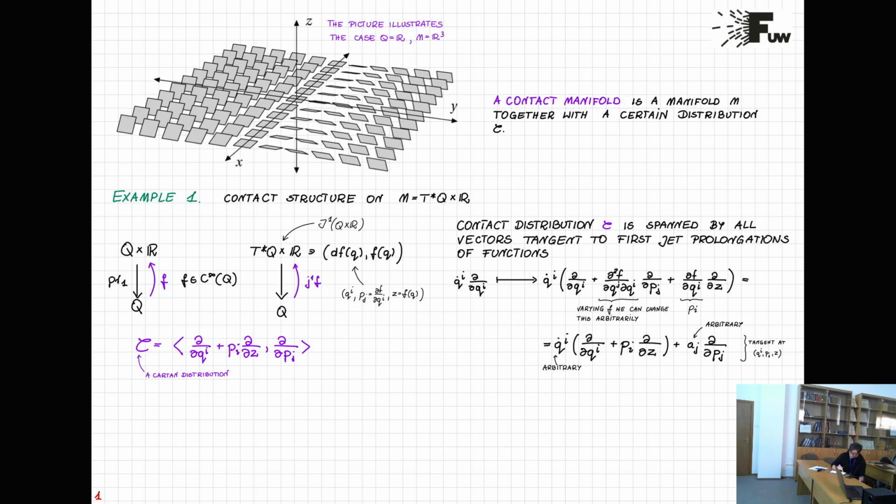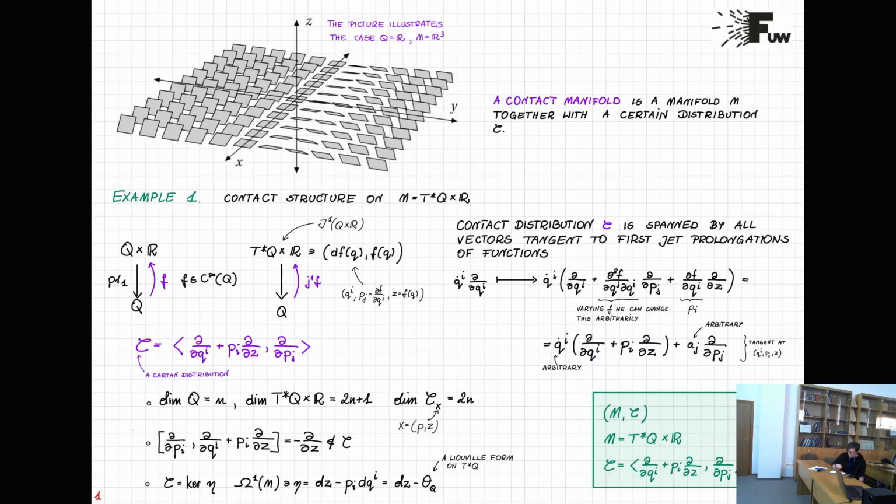So as a result, I get a distribution on the product of the cotangent bundle and the real line. The manifold itself has the dimension 2n plus 1, which is an odd number, as you can see, and the distribution has one dimension less.